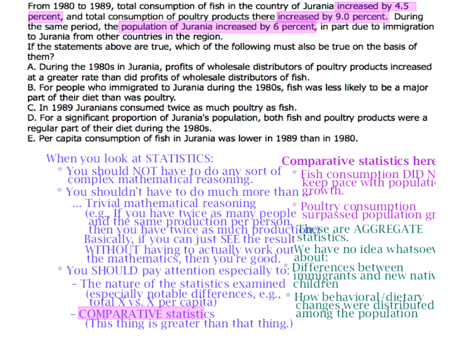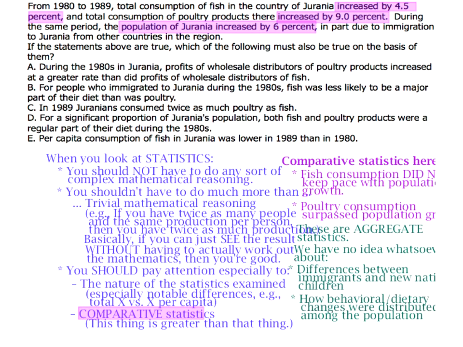We also don't know anything about how behavioral changes, or in this case, dietary changes, were distributed among the population. In other words, if these dietary changes occurred while there was immigration, we have absolutely no idea if they had anything to do with the immigrants.